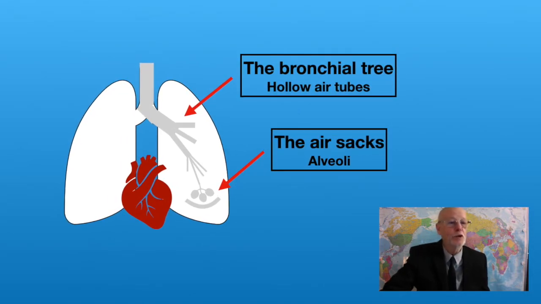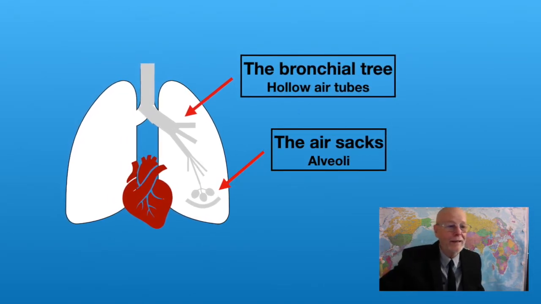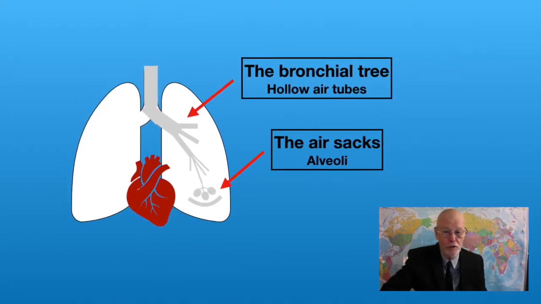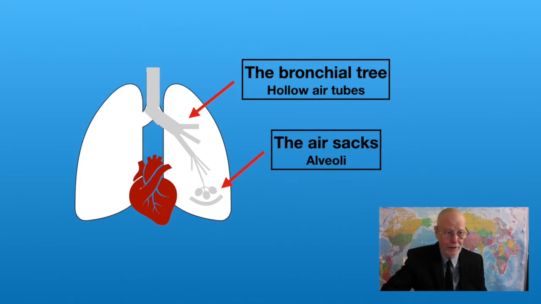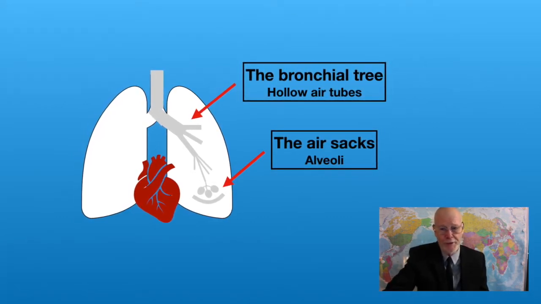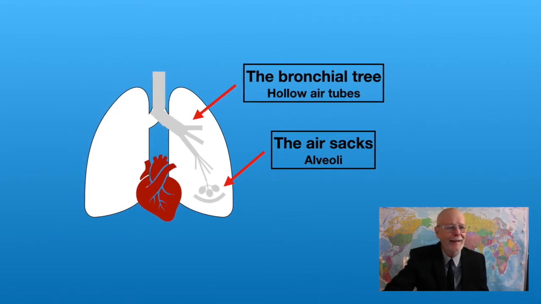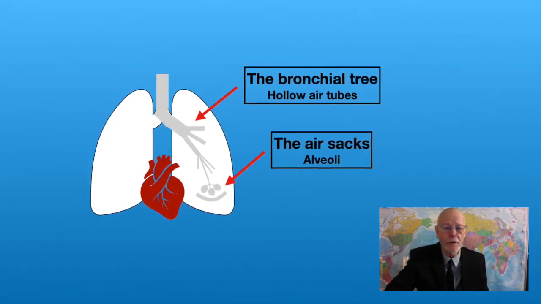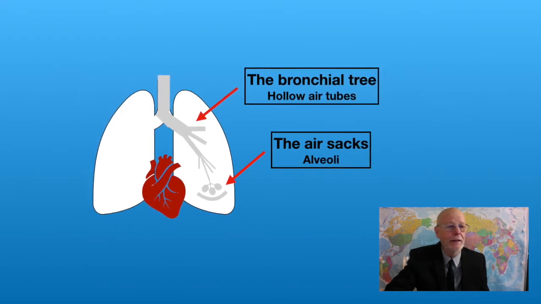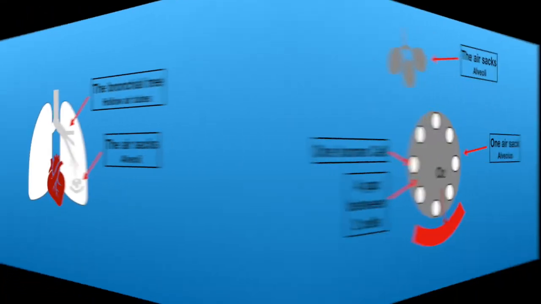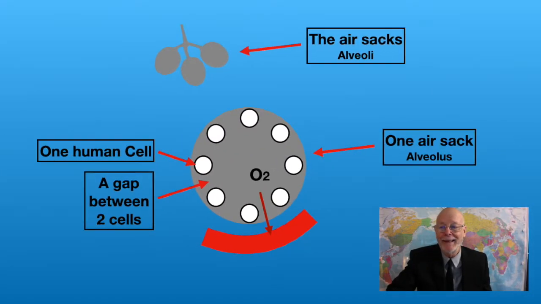a bronchial tree where the tube divides into smaller and smaller hollow tubes until they reach the end where there is a structure that is similar to a bunch of grapes, and those grape-like structures are the air sacs, and they're called the alveoli, and there are millions of them in the lungs.